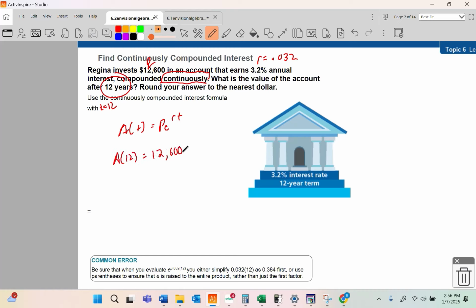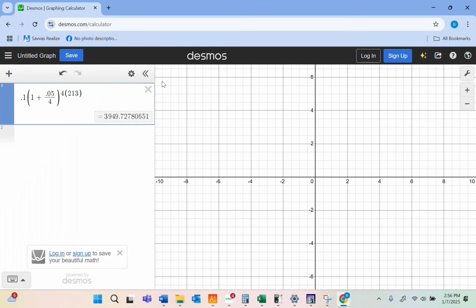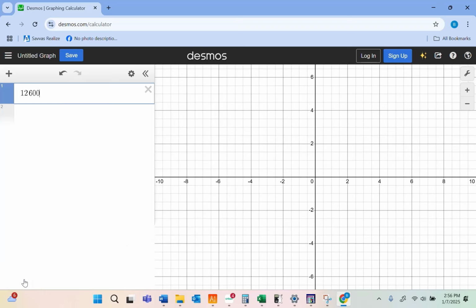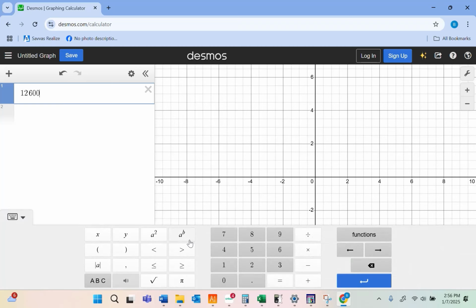I'm pretty sure Desmos can do this. I may have to bring up the keypad here. What do I have? 12,600. Don't use parentheses. There should be on Desmos an E somewhere.